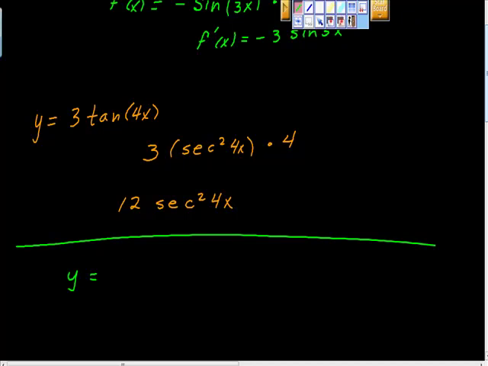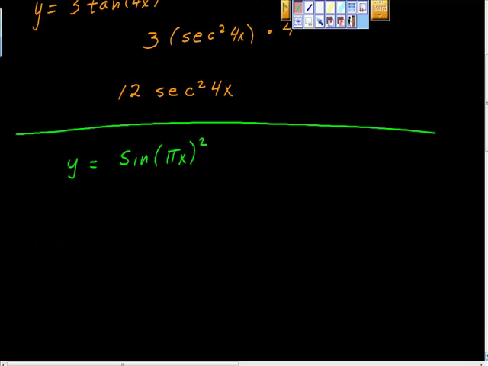It's y is equal to sine of pi x squared. And what I'm going to do is follow some really easy guidelines here just to simplify this for myself. I'm going to distribute this square into here. So I'm just going to rewrite this as y is equal to sine of pi squared x squared.